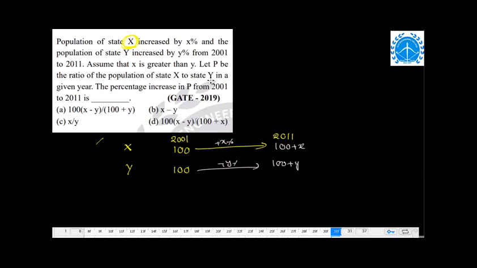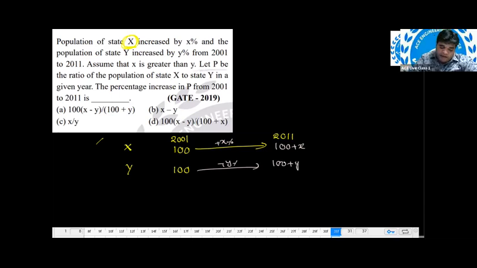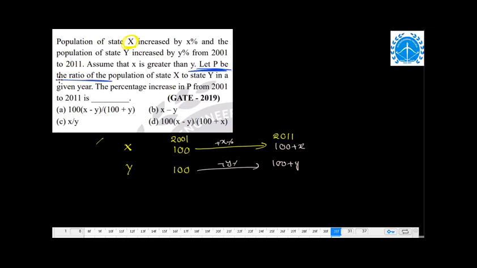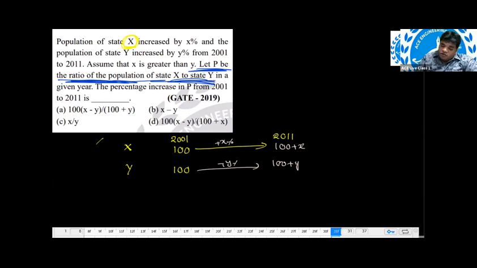But they mentioned here, let P, you can read it. Let P be the ratio of population of state X to state Y. So P means X by Y. What is X by Y in 2001? 100 by 100, what is the value? 1.